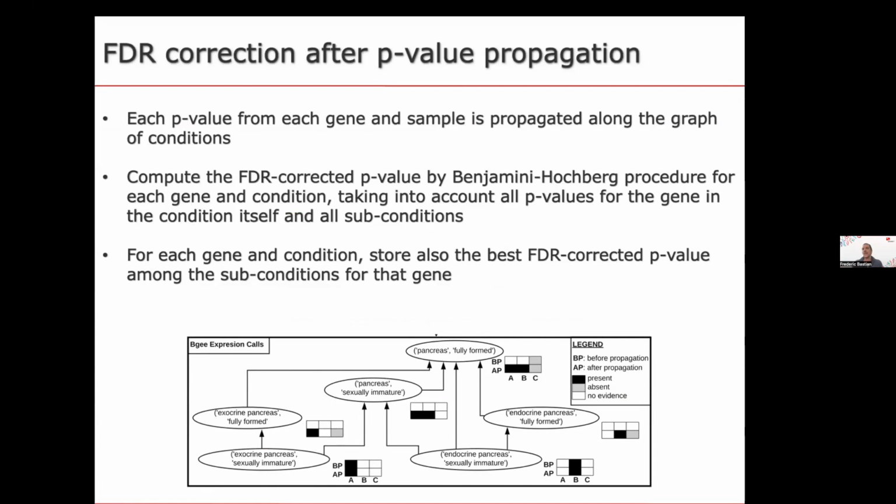And at the end, we integrate everything by doing an FDR correction. It means that we start from hundreds of samples, and at the end, for your gene, we're going to give you one answer in that condition. Yes, gene A is expressed in pancreas with a corrected p-value of 10 to the minus 3. And that's going to be what we present at the end.